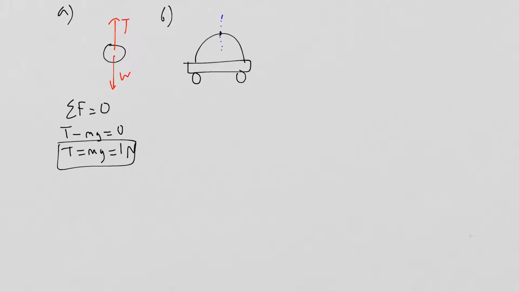Okay, there's our roughly vertical line. And we're told the car is moving to the right with an acceleration, so there's an acceleration like that.